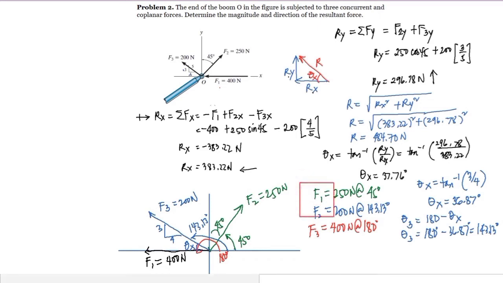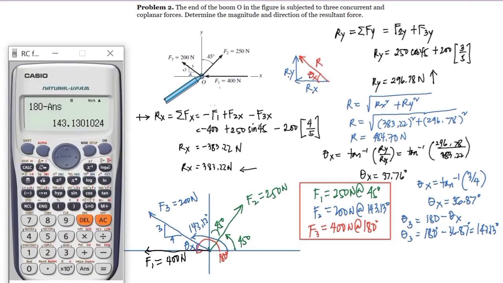Now, itong mga to ang gagamitin natin sa computation. So, we have to take the calculator in complex mode. So, that's mode 2. And then, just add 250 angle 45 plus 200 angle 143.13 plus 400 angle 180 degrees.